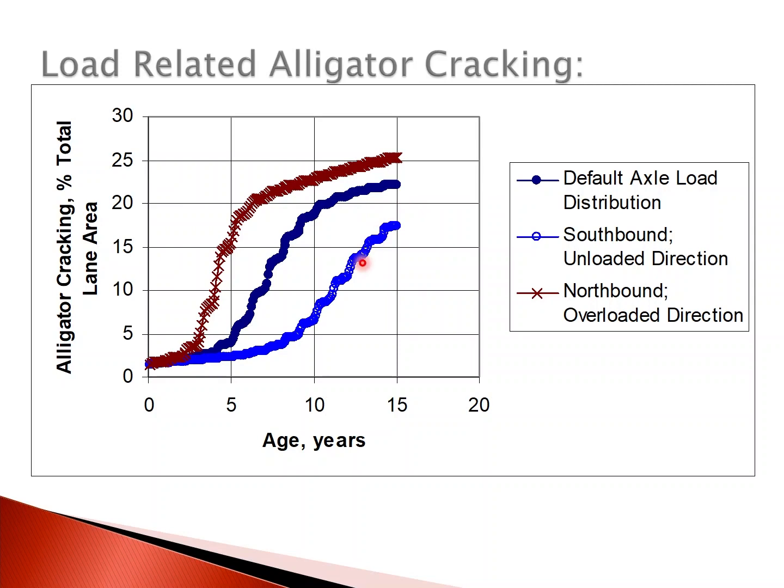And then if we had used the unloaded or predominantly unloaded truck traffic, we would have significantly more design life. The average value would be a little over 10 years. I think I said 20, but it would be a little over 10 years design life.